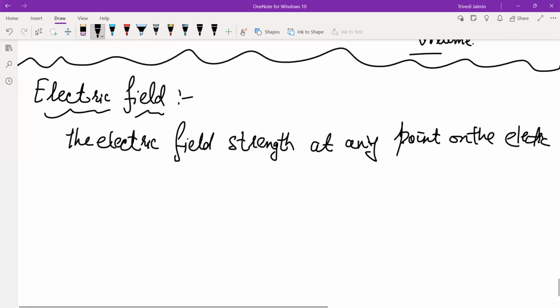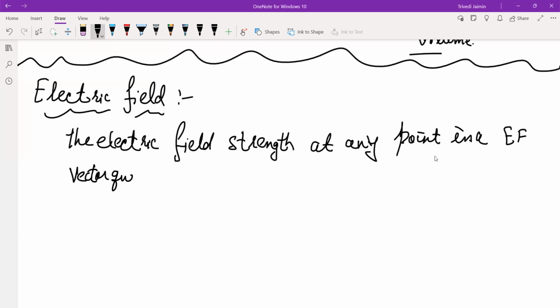It's a vector quantity. But what is it? It's a vector quantity, yes, but which is equal to what? The force acting on it.